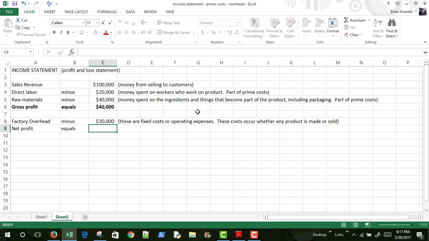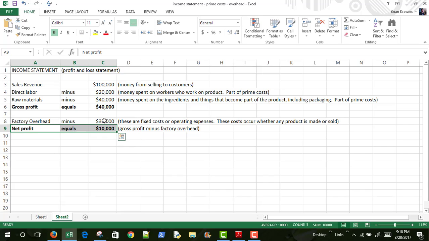All right, and net profit, we'll write a little formula here. It's going to be equal to gross profit minus factory overhead. Okay, and this number is what everybody's all worried about in business. This is referred to as the bottom line.